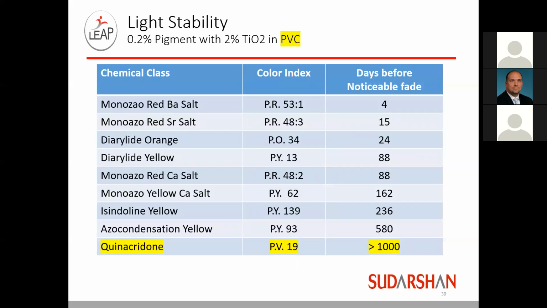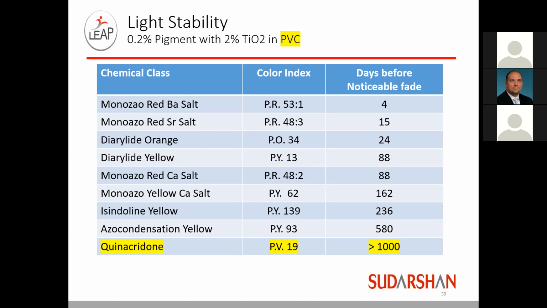From a physical property area, I just wanted to show a few comparisons because we talked about how well the quinacridone family of pigments is with respect to light stability and weather stability.